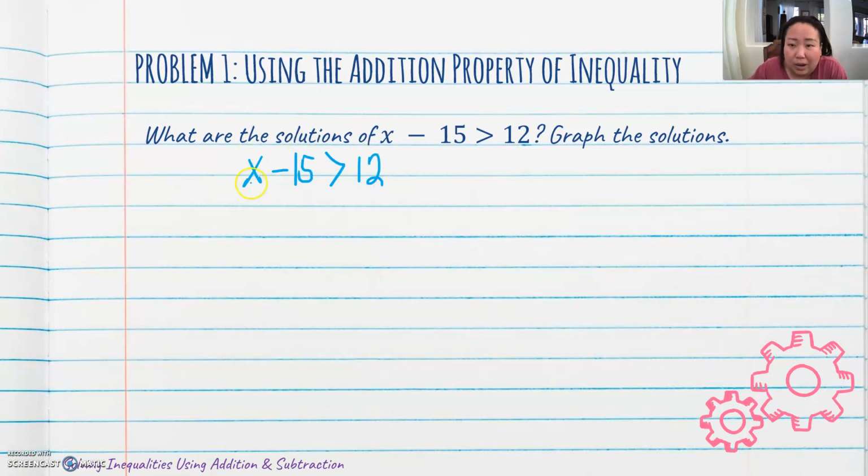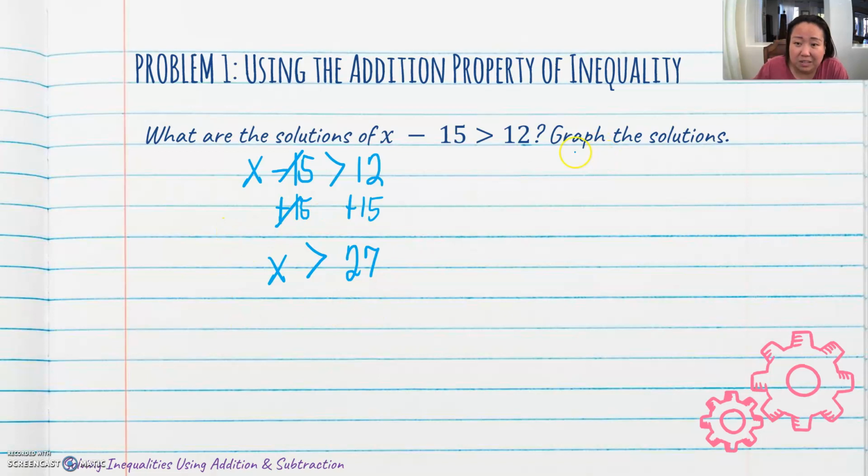Our goal is to isolate our x, and so we have to work with the opposite operation of minus 15, and so that will be plus 15. So that will become 0. And remember, whatever we add on one side of the inequality, we also have to add on the other side. And so this inequality now becomes x is greater than 12 plus 15, which is 27. So this is our inequality.